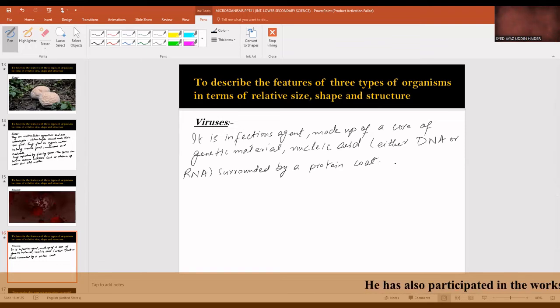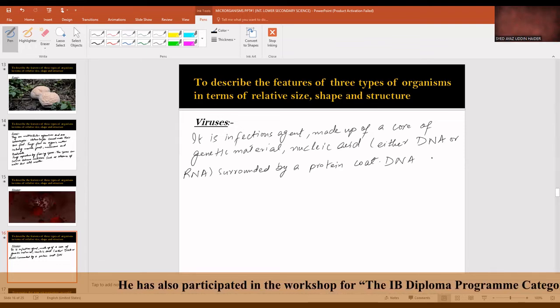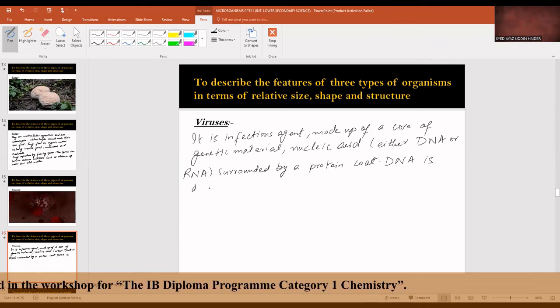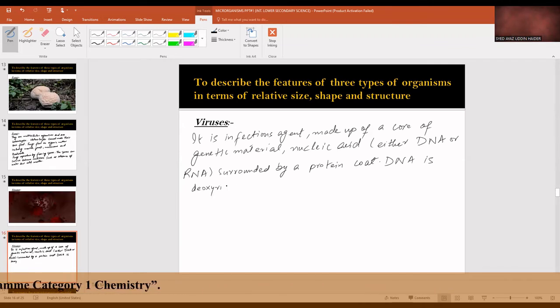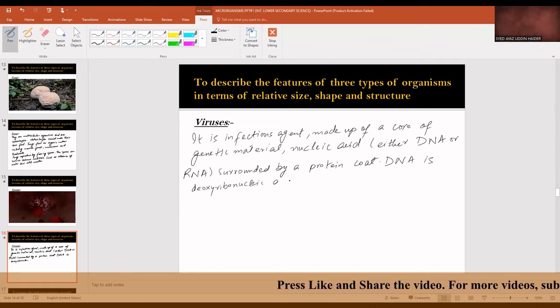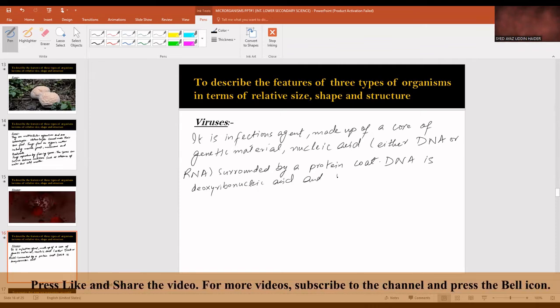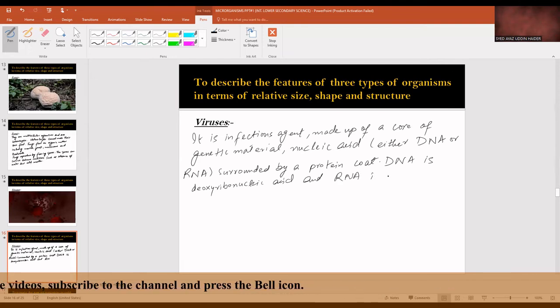DNA is deoxyribonucleic acid, and RNA is ribonucleic acid.